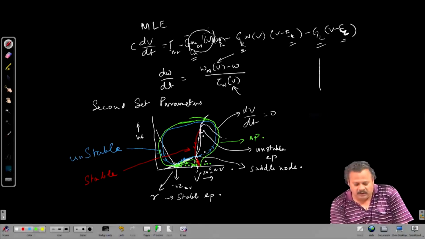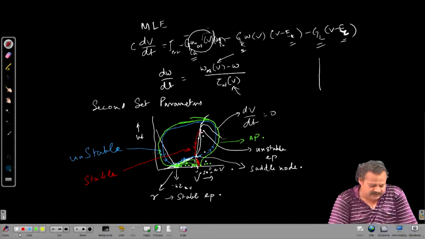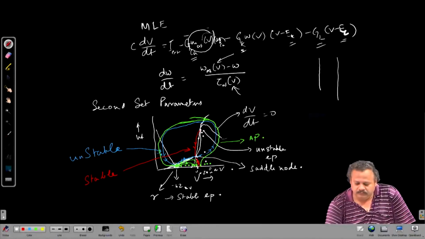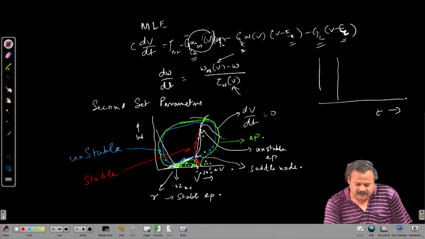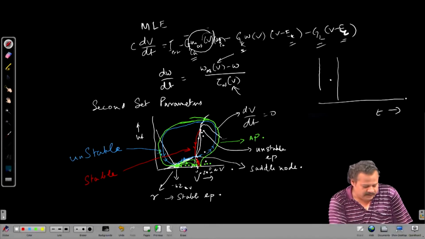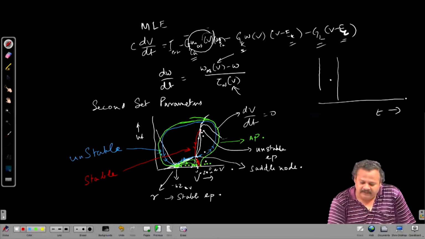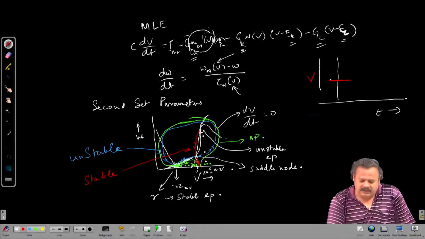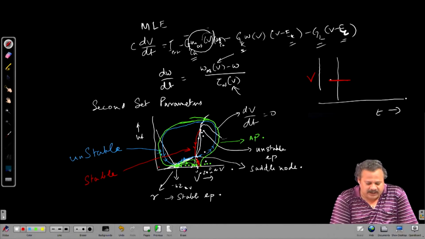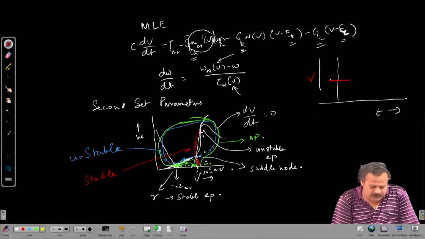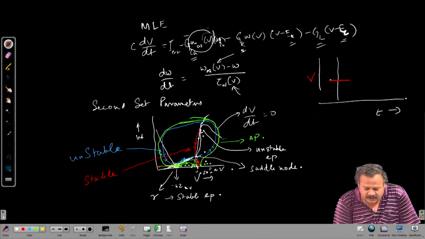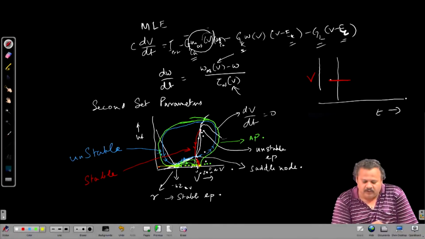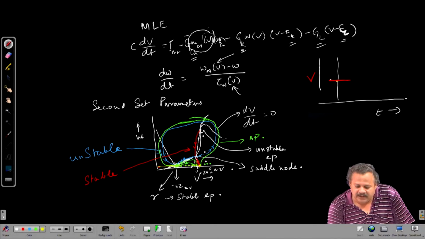because now if you plot V as a function of time for the two sides of the manifold, what you will see is, so this is time, and let us say this is where the stable manifold voltage is along this particular line, or let us say along this line, this particular voltage is this value here.